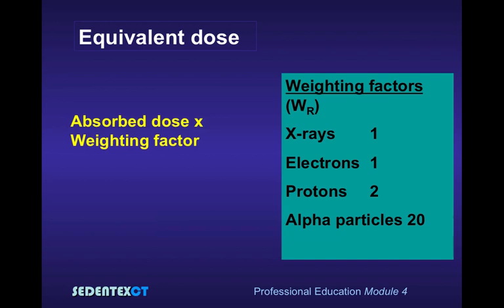For example, protons and alpha particles have a much higher biological effect than do X-rays. Fortunately for us, the weighting factor for X-rays is 1. So in fact, there's no particular difference numerically. The only difference that we see is that the unit changes from a gray to a sievert. This is called equivalent dose.